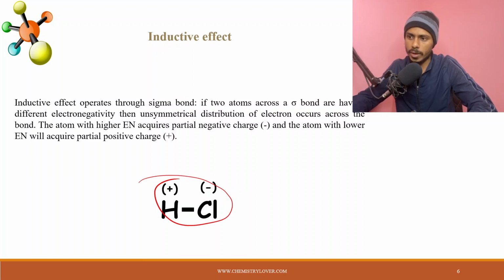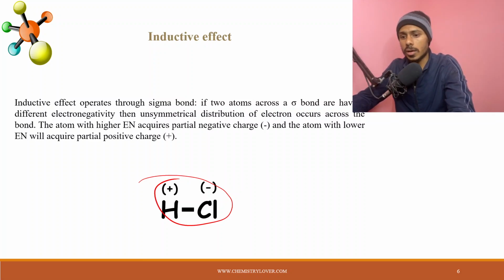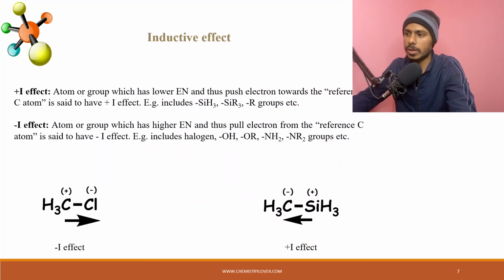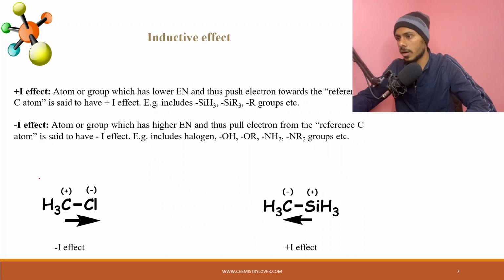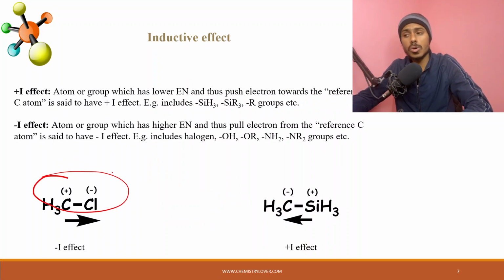Now imagine when the same chlorine is attached to a carbon atom, what will happen? Chlorine is also more electronegative than carbon, so it will pull electrons from the carbon, and that will induce a positive charge on that carbon atom.